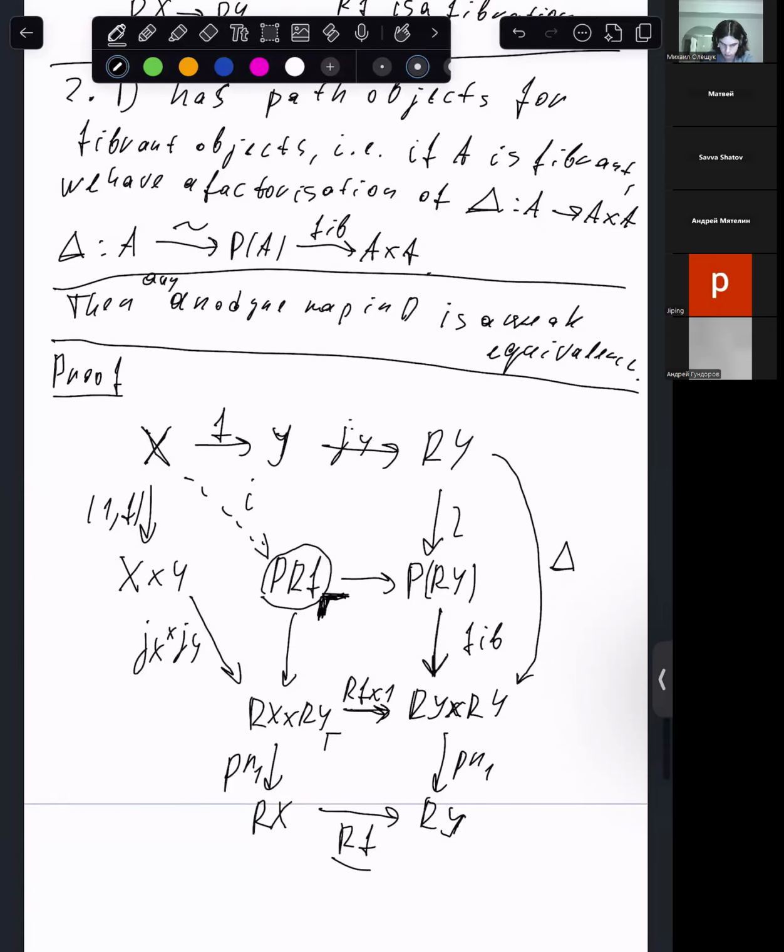Okay, why do we have a morphism from X to PRF? Because we have a commutative diagram.